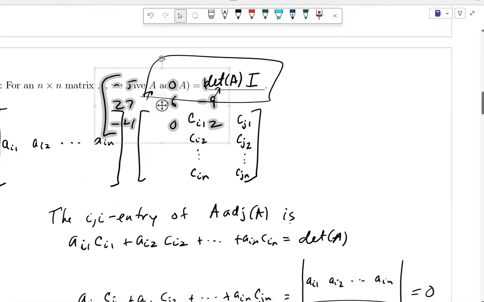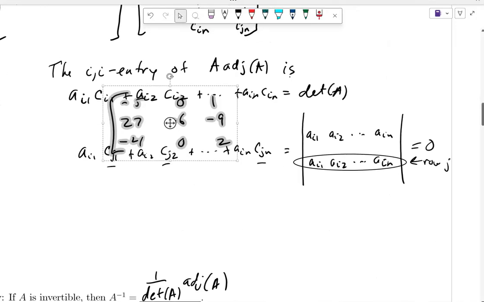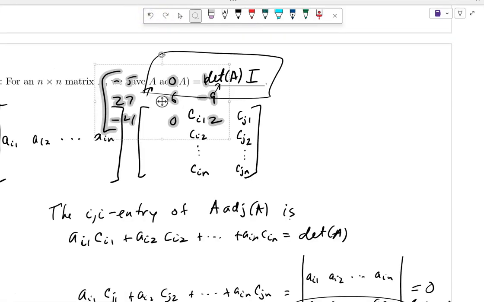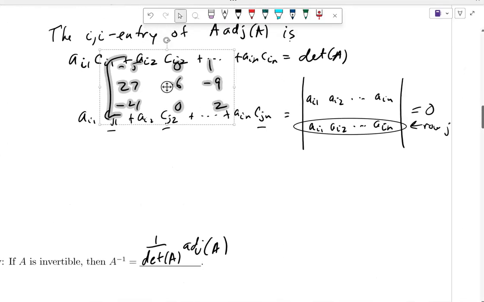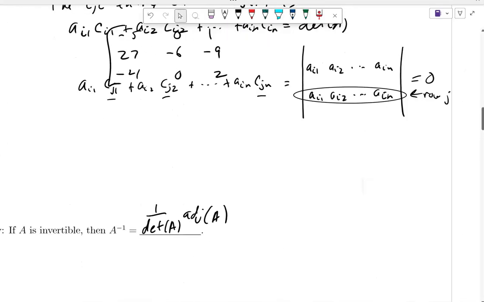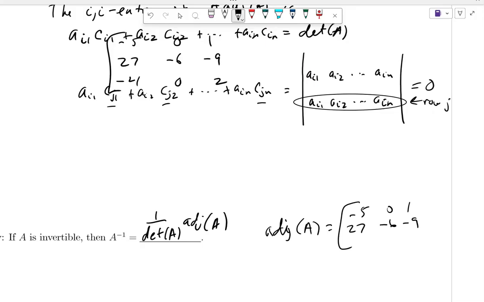The adjoint of A is negative 5, 0, 1, 27, negative 6, negative 9, negative 4, 0, 2, right?